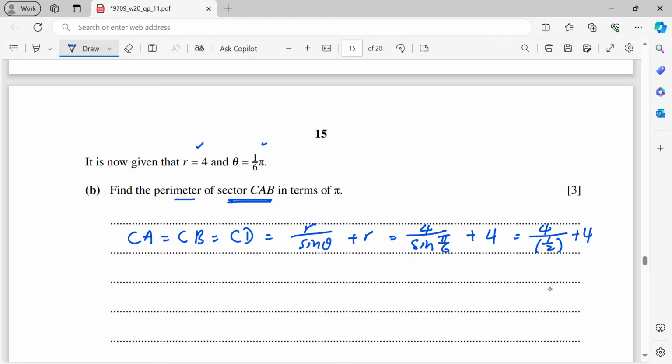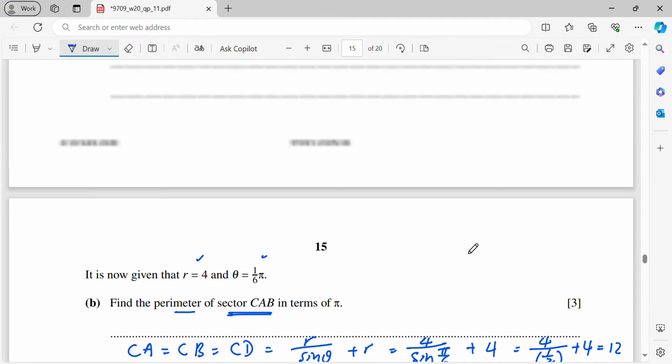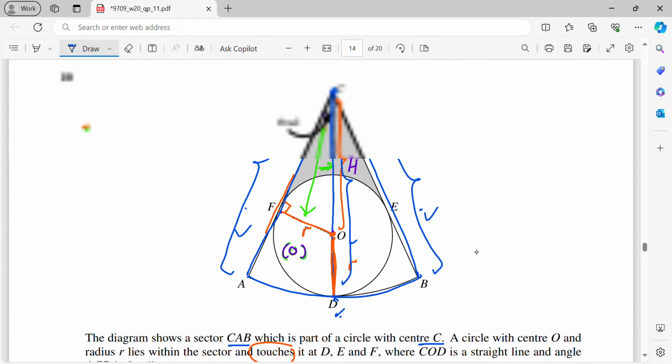So 4 over half is 8. 8 plus 4 is 12. So I found two lengths, which is 12. Now I just need to find out what is the arc length of sector ADB.